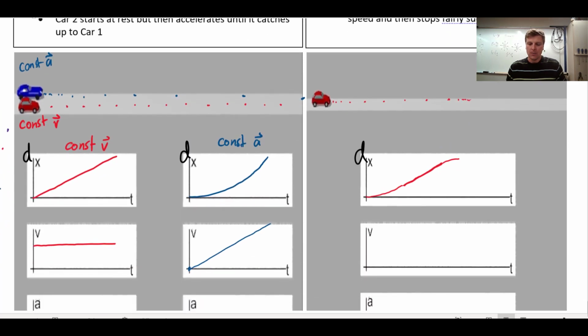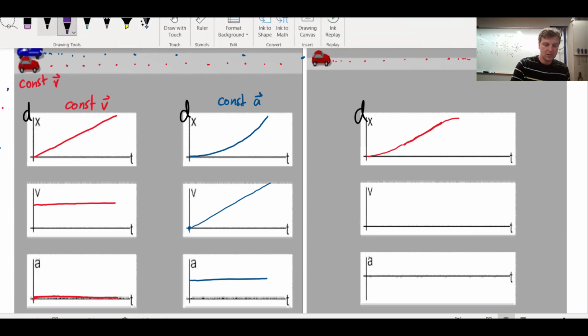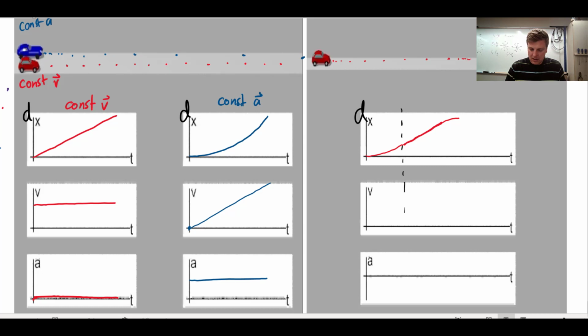Okay, so we've got our displacement graph. Now we need to do our velocity and acceleration graphs. It might be useful to think of these as being in three segments: the speeding up, the cruising, and the slowing down phases of the motion.